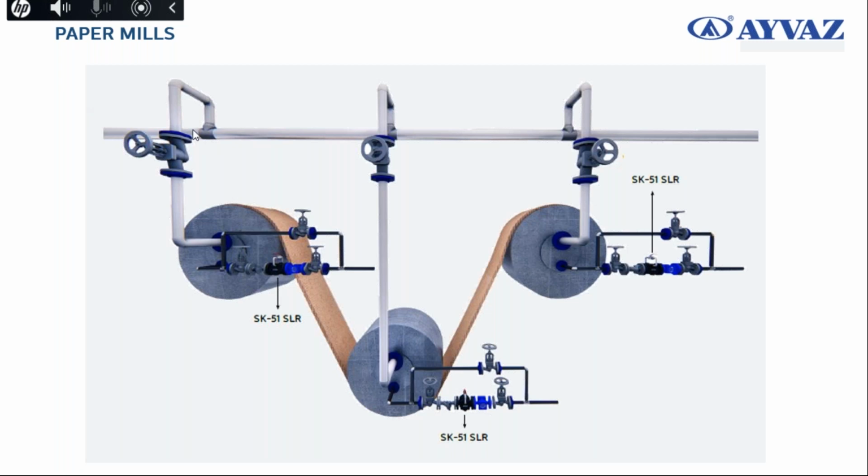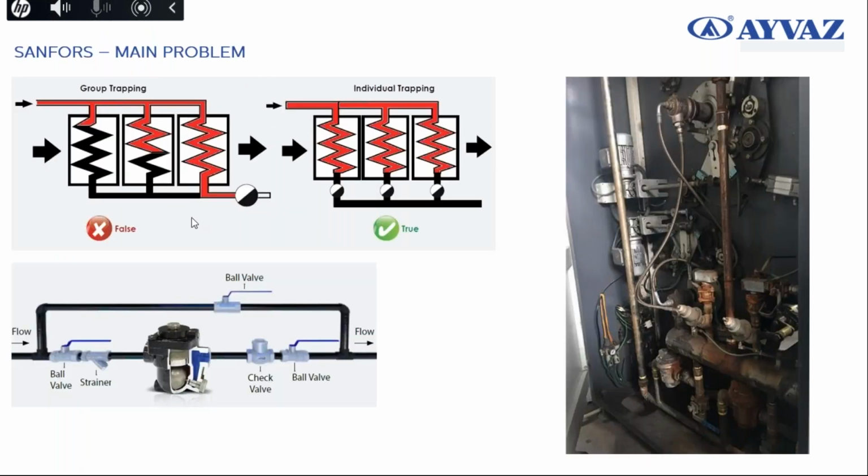You need to take steam to your cylinders like this, with a branch, not directly from below, because if you take steam directly from below, it means you will take all this condensation to your cylinder. You need to take it with a branch. This will gain to your efficiency, by the way. In that case, if you make group trapping, this will happen.